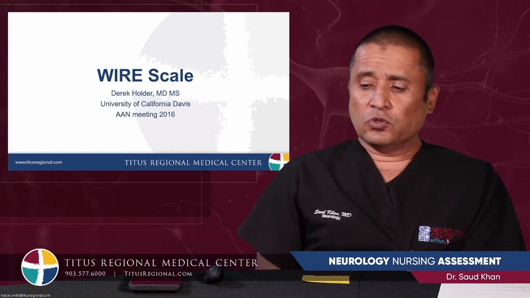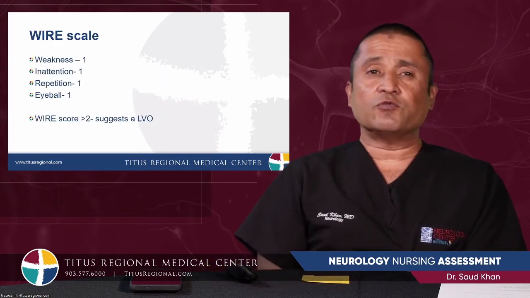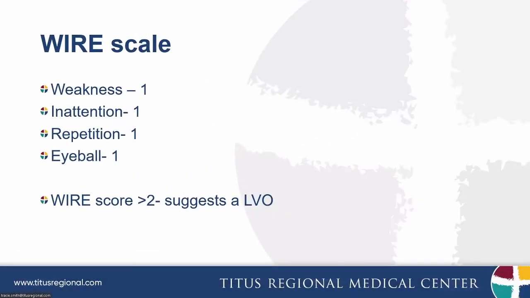WAIR scale stands for W for weakness, I for inattention, and R for repetition of a phrase, and E for eyeball deviation or vision loss. So weakness could be one-sided.